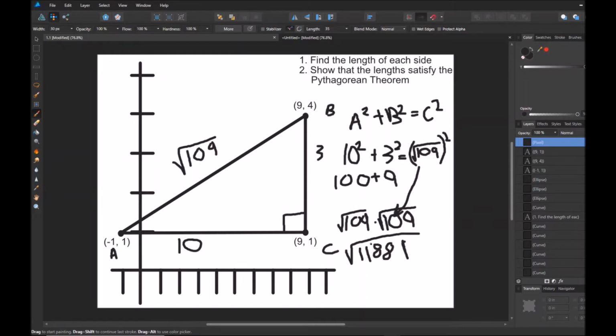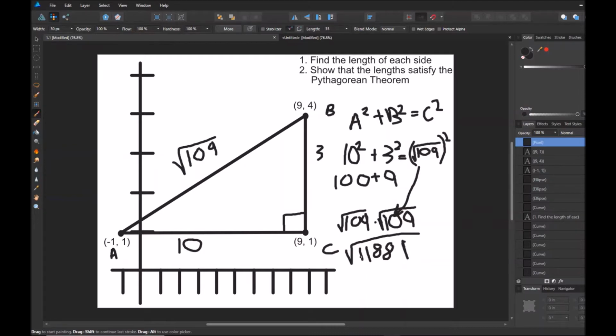11,881. And because the square root is essentially asking which number under the radical is multiplied by itself, I don't know how to explain it very well, but I will try. The square root here is basically saying find a number that when you multiply it by itself, it gives you the number under the radical.